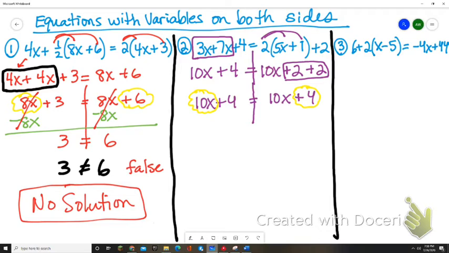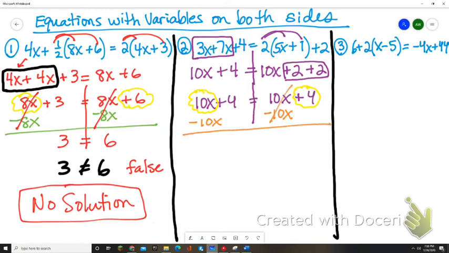That helps you focus in on the sign before the number, and it tells you if the number is positive or negative. All right, so moving on. I'm going to subtract 10x from both sides because I want to undo addition and subtraction first. I could have also subtracted 4 from both sides.